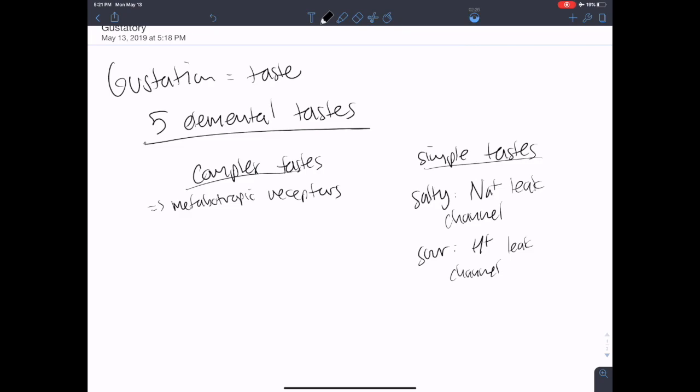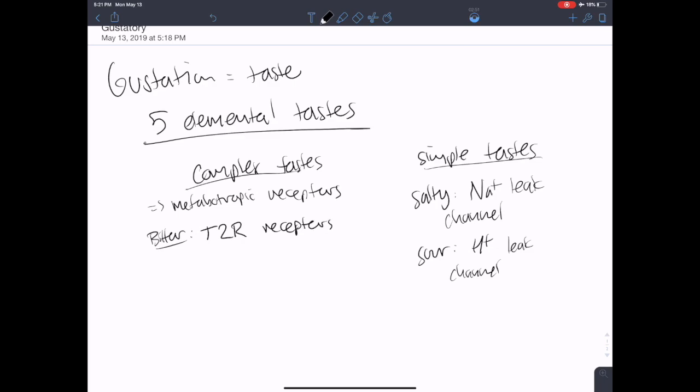So, for example, bitter is a function of the binding of bitter tasted molecules. So things found in beer and coffee and like kombucha, stuff like that, that's going to be really bitter tasting. Those bitter tasted molecules are going to bind to what are called T2R receptors.